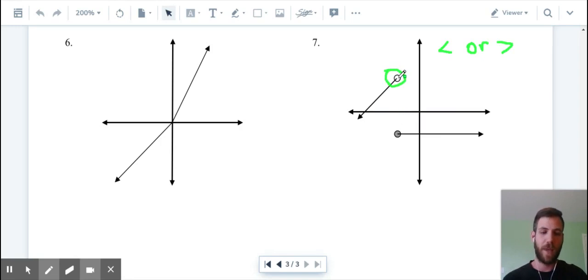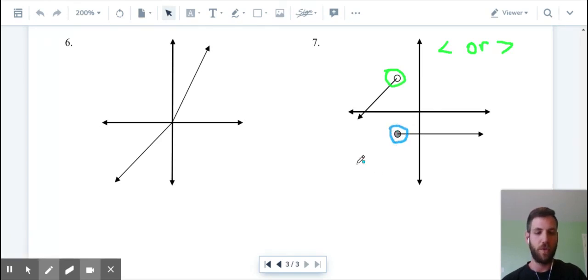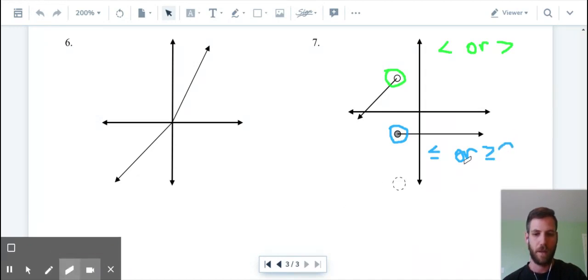In this case, this would be a less than sign for this open circle. For closed circles such as this one, that's going to represent functions that have either less than or equal to or greater than or equal to signs in your functions. When you have either one of these, you are starting at a number and including it, and then either going up or down from there.